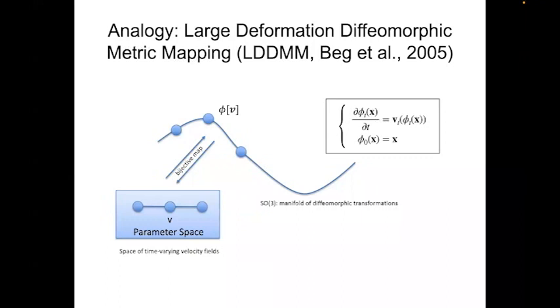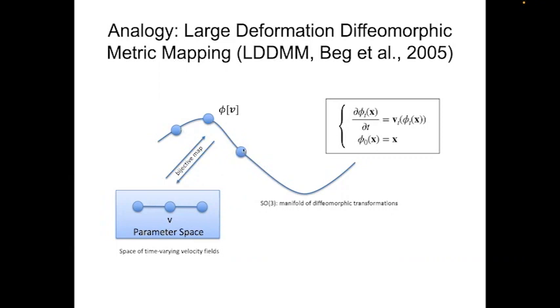But there exists this other parameter space. This time it's a space of smooth velocity fields that are parameterized by position as well as time. And using this ordinary differential equation called the flow equation, we can define the diffeomorphism phi as the solution at time one of this flow equation.